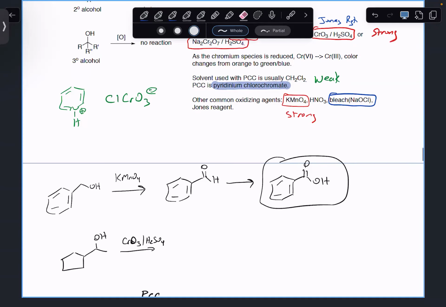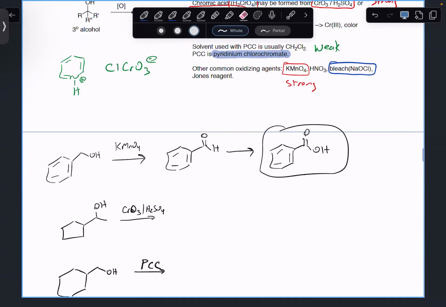All right, look at this next example. Second example, we're using the Jones reagent. This is that chromium trioxide sulfuric acid combination. But this time we're oxidizing a secondary alcohol. So that's going to oxidize up to the ketone.